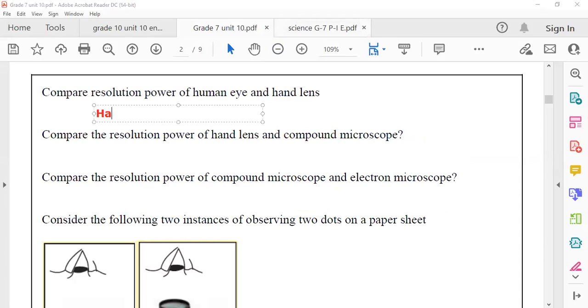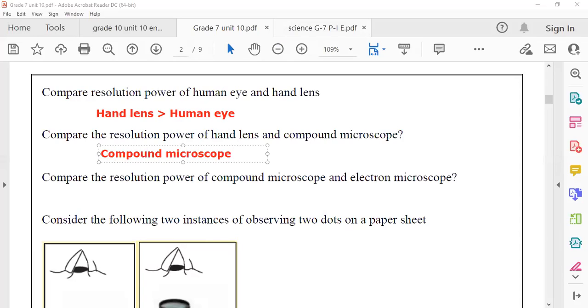In that case, the hand lens is greater in resolution power than the human eye. Compare the hand lens and the compound microscope. In that case, the compound microscope's resolution power is greater than the hand lens.